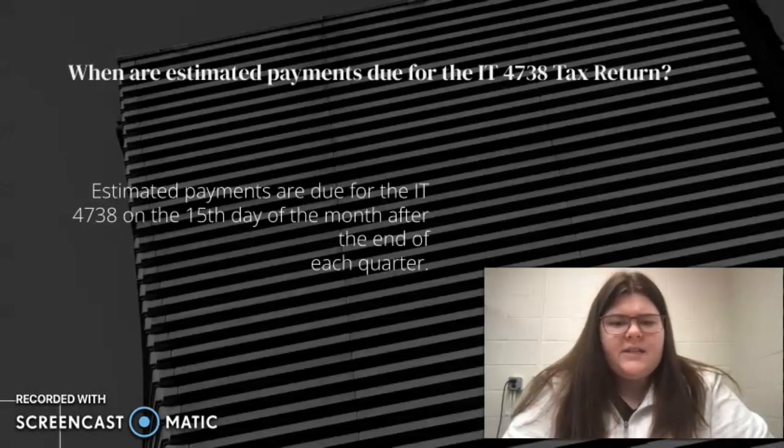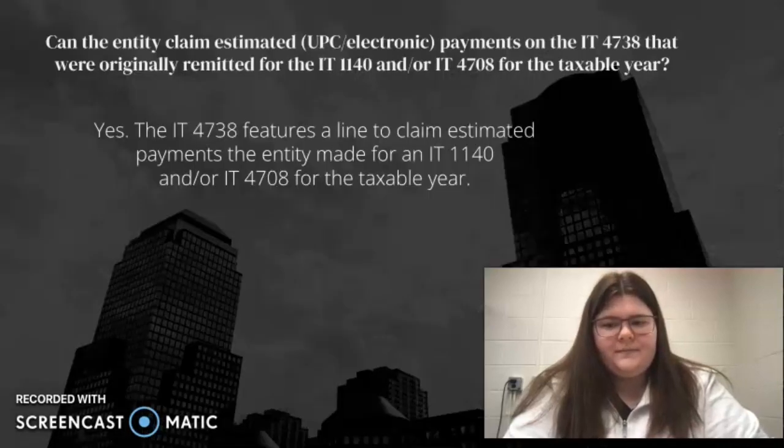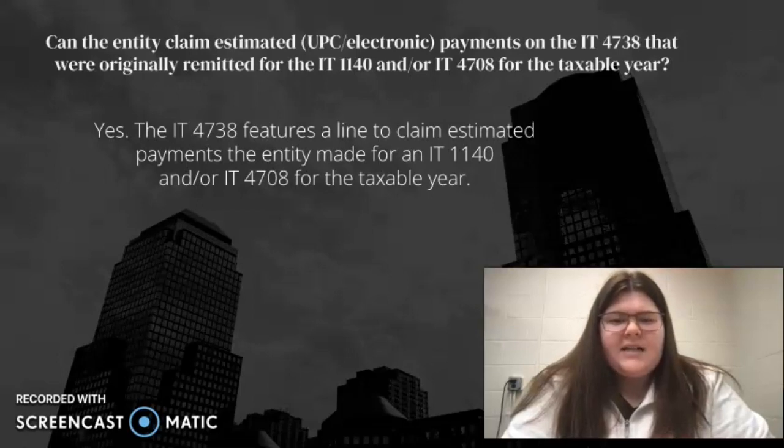When are estimated payments due for the IT 4738 tax return? Estimated payments are due for the 4738 on the 15th day of the month after the end of each quarter. Can the entity claim estimated payments on the IT 4738 that were originally remitted for the IT 1140 or the IT 4708 for the taxable year?